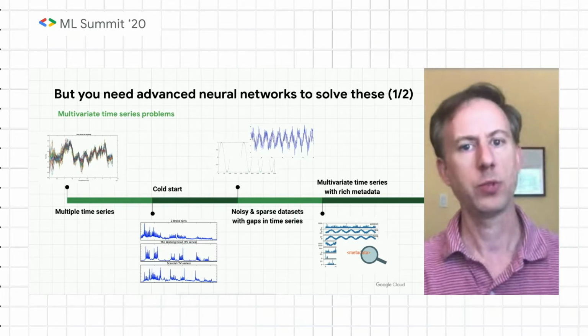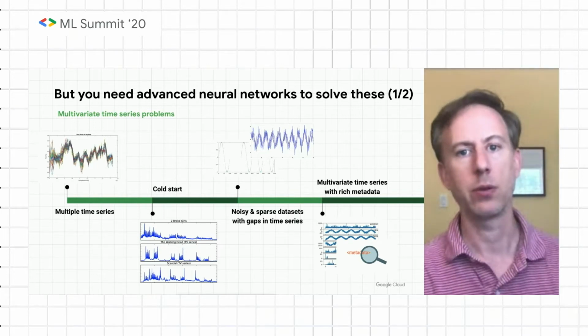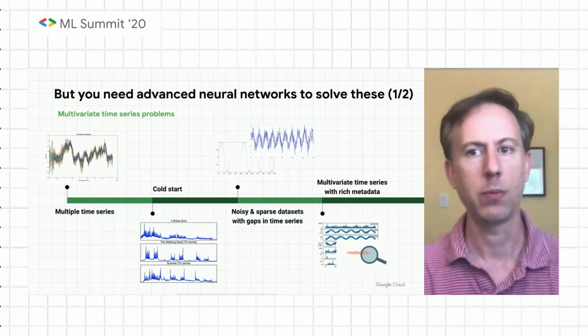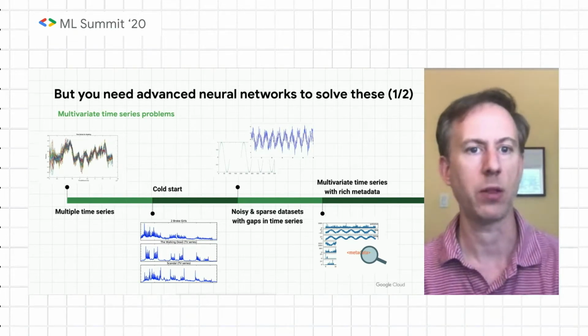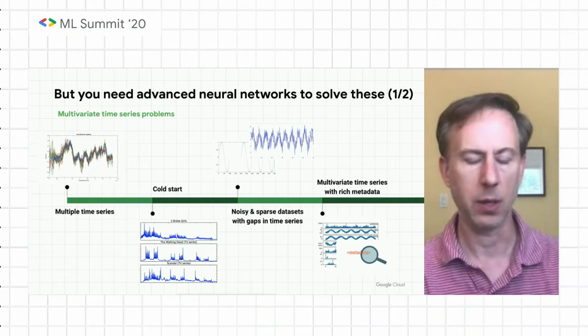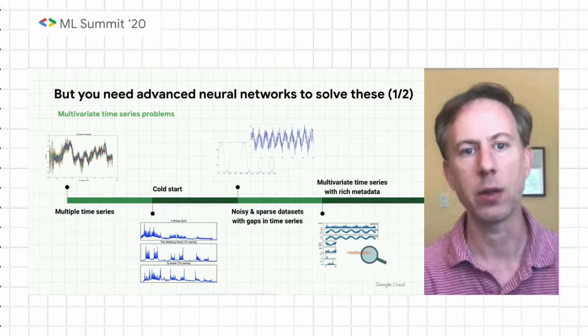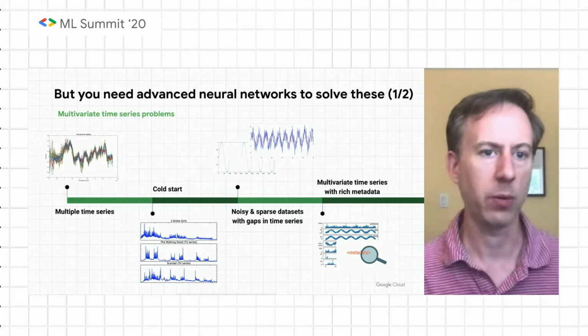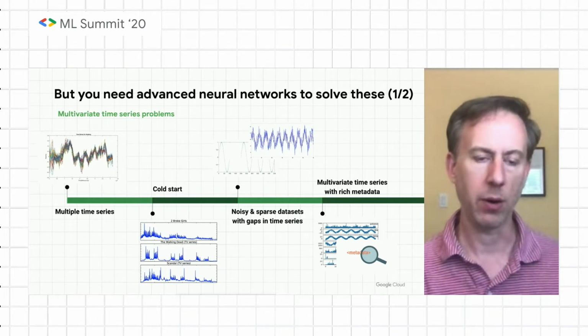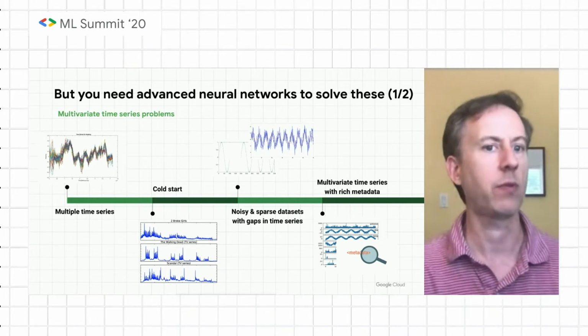But there are some problems in which neural networks used in machine learning can definitely help over what we've seen using statistical methods. ML can be great at multivariate time series problems. So if we're tracking multiple variables over time, and there are relationships between those different variables.